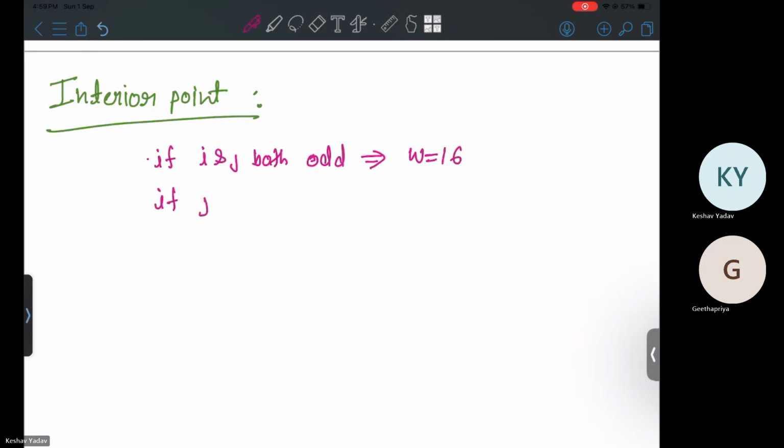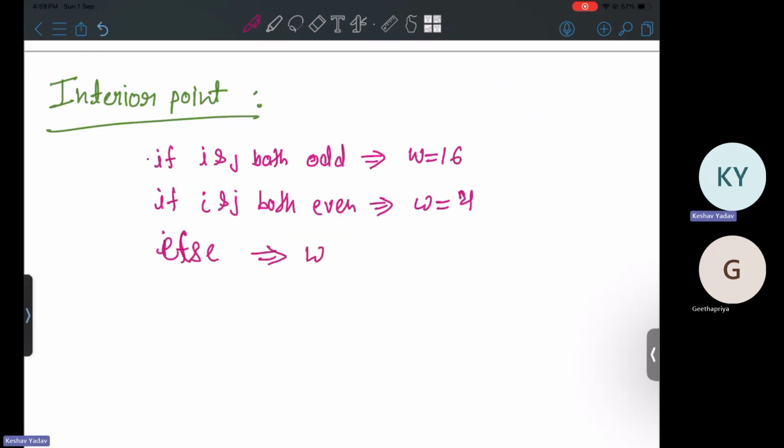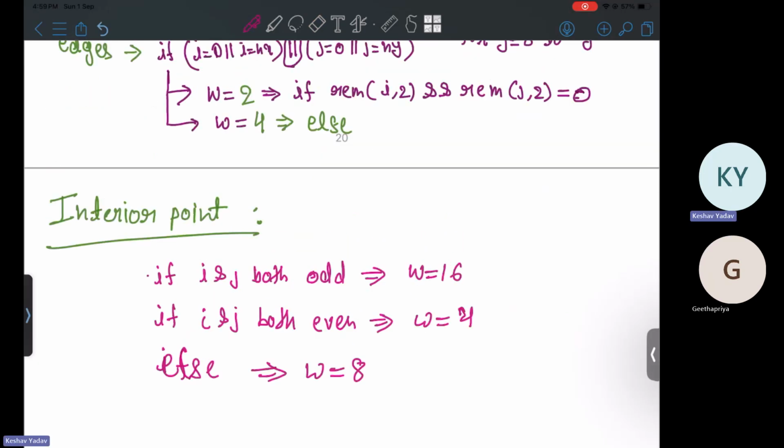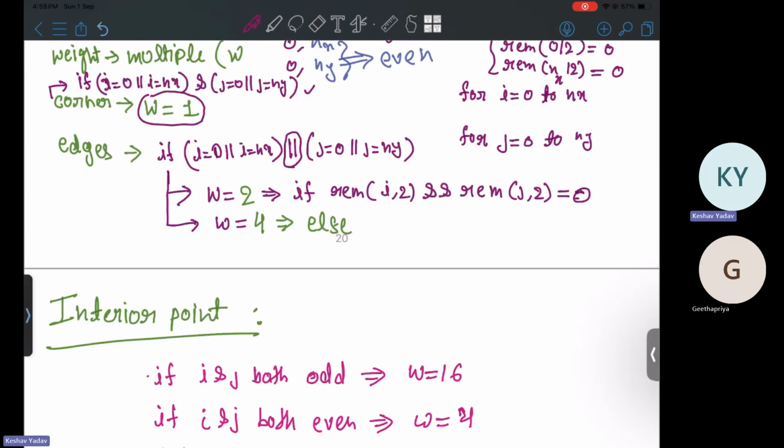If I and J both even, then my W will be what? 4. Else, W will be what? 8. Okay. So these are the 6 conditions.